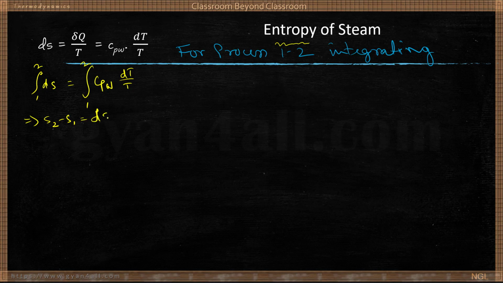We can also simply write ds, which is equal to CPW times the integration of dt divided by T. What is the integration? Yes, please.